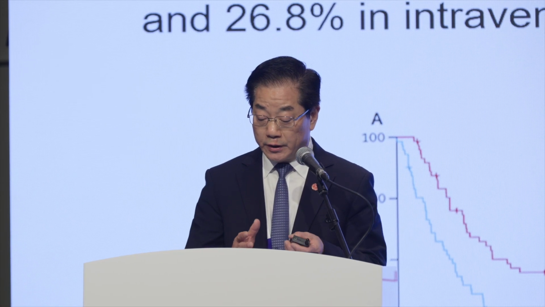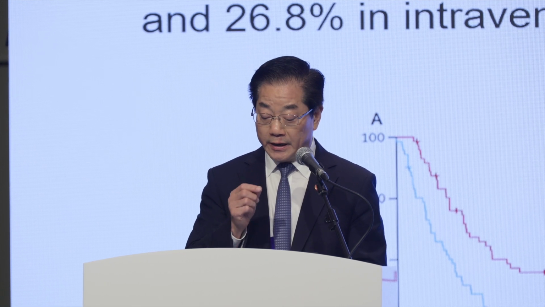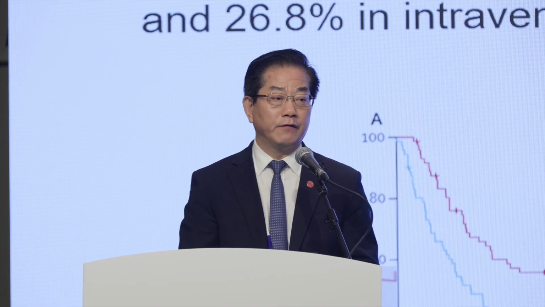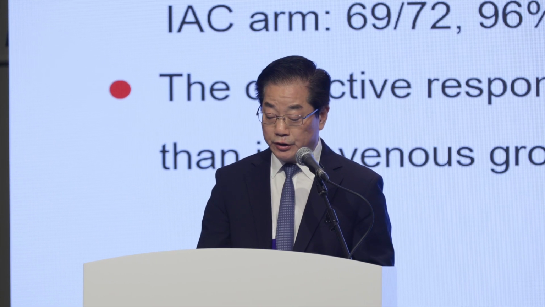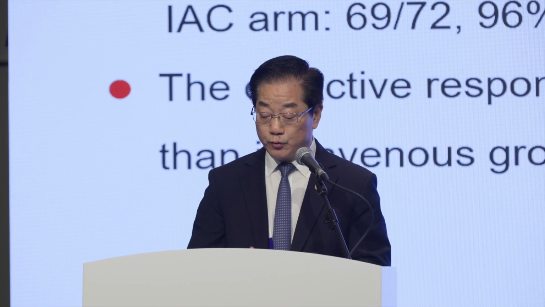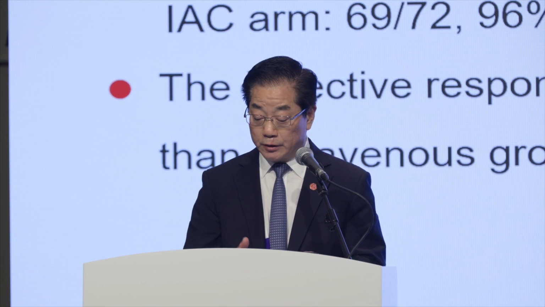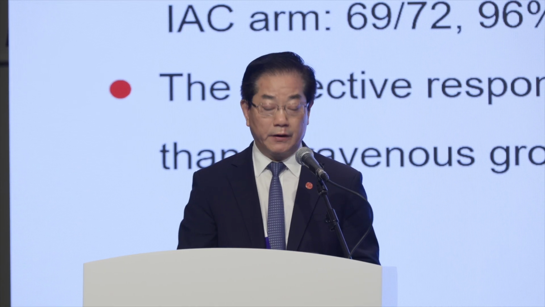The 2 year progression-free ocular salvage rate was 52% in the IAC group and 23% in the IVC group. There is no significant difference in overall survival rate between the IAC group and the IVC group, and the objective response rate in the IAC group showed no difference from the IVC group.